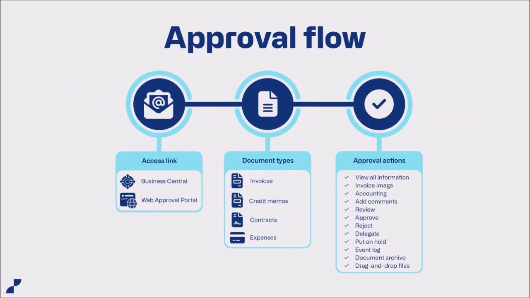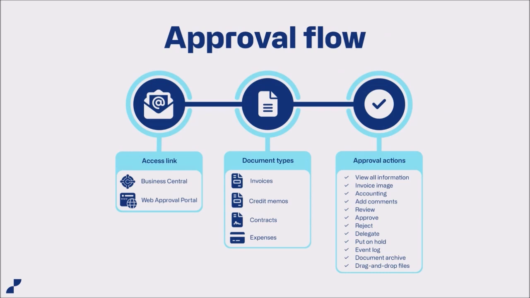With the review of contracts, the approval of documents in general, we could use Business Central or the Continia Web Approval Portal, as you can see here. And the Web Approval Portal handles multiple document types. You probably already know that, those of you that use Document Capture.